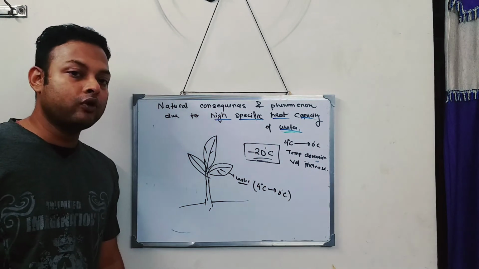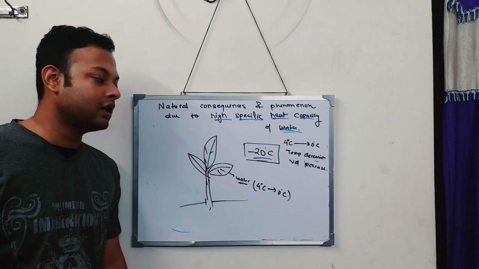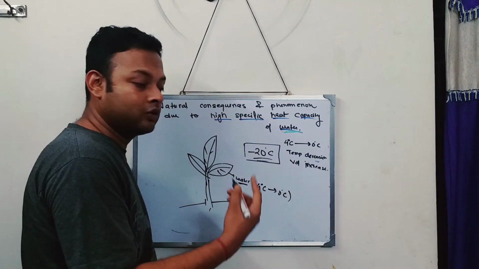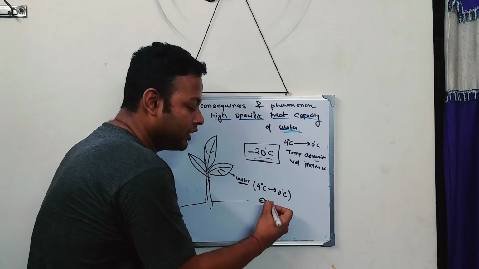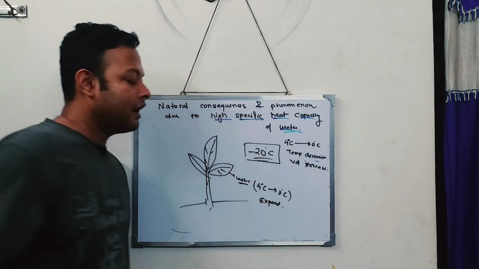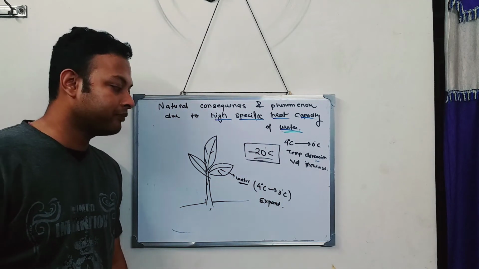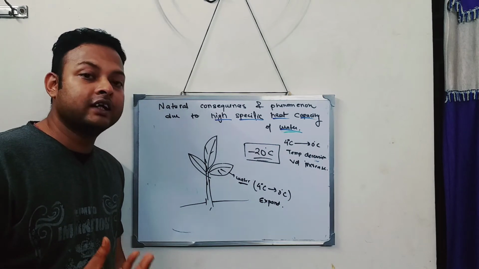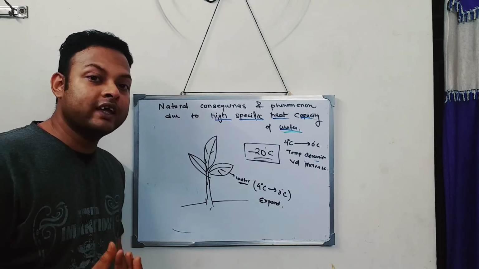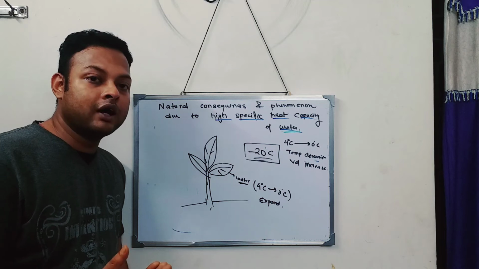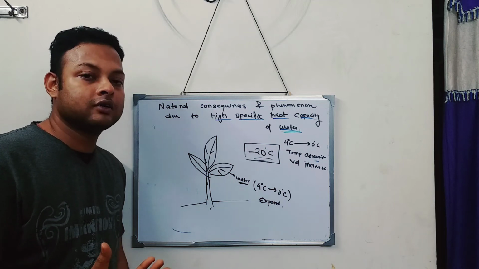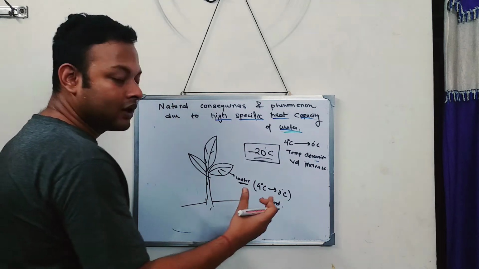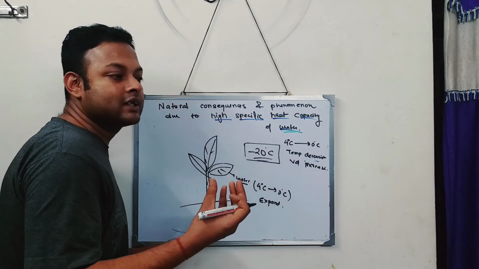And going from 4 to 0, what will the water do? Water will expand, and if the water expands, there is a chance that the capillaries or the veins of the plant will burst. As the water expands, it requires some space.